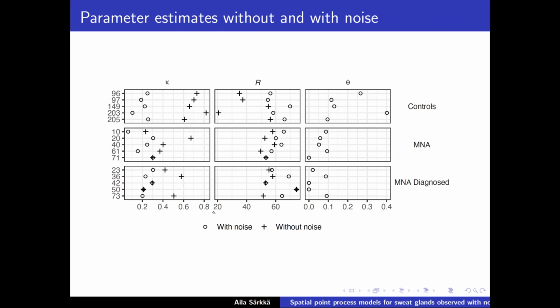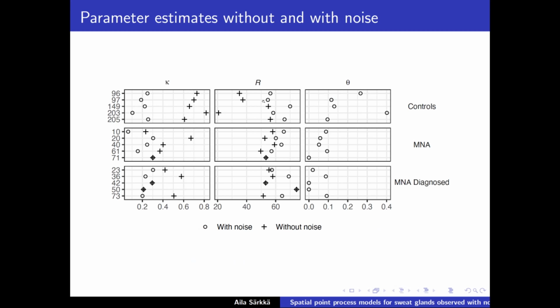It seems that in the control group, the top row, the kappa is higher, meaning that the higher the kappa value, the more soft core the model is, further away from hardcore. So the patterns are more soft core in the control group than in the other two groups, even though there is, of course, a lot of individual variation.